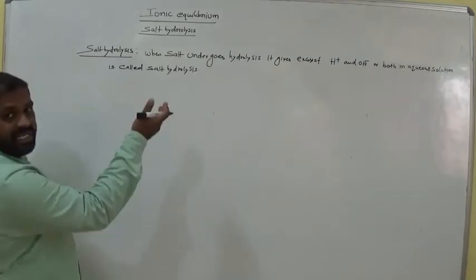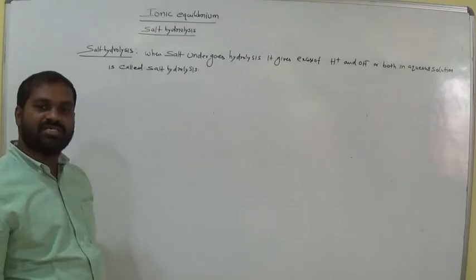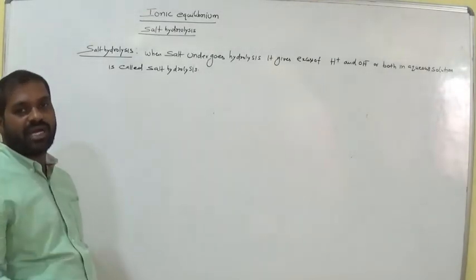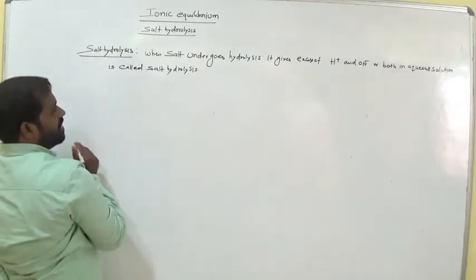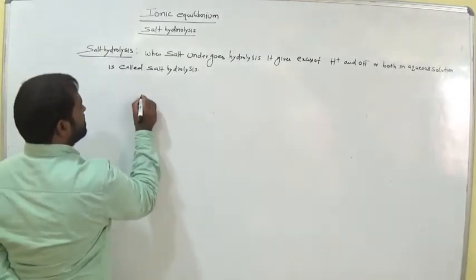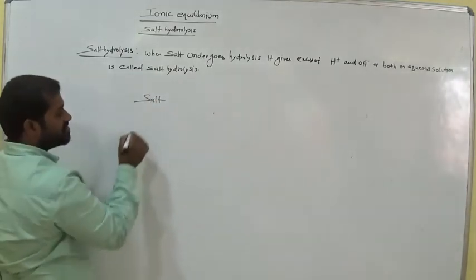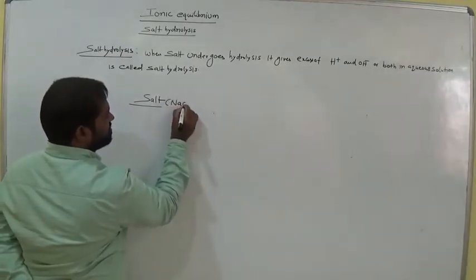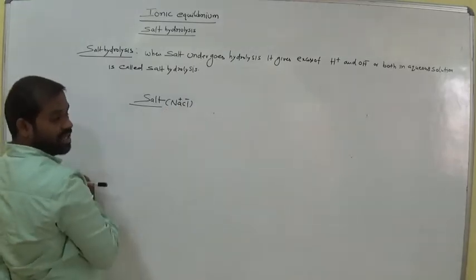So let's see how it happens. When we add water to the salt, it produces excess H plus or OH minus, or both, ions in the water. Remember that. Suppose this is the salt, NaCl, which consists of positive and negative ions. A salt consists of 2 ions.